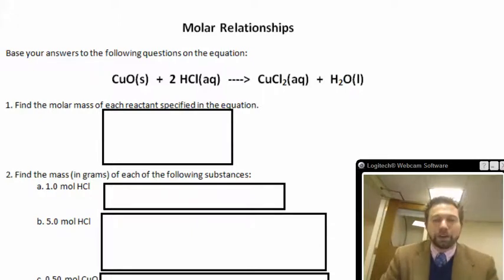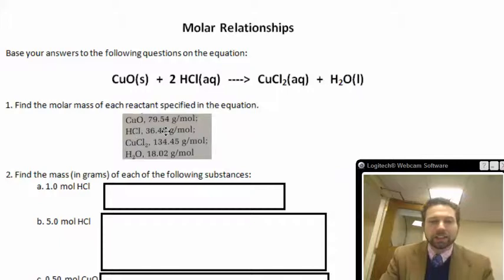So, copper oxide, copper and oxygen, you put that together. Copper oxide is 79.54 grams per mole. Hydrochloric acid is 36.46 grams.